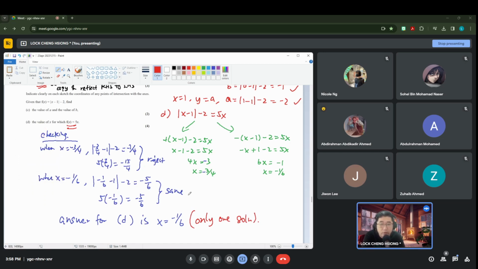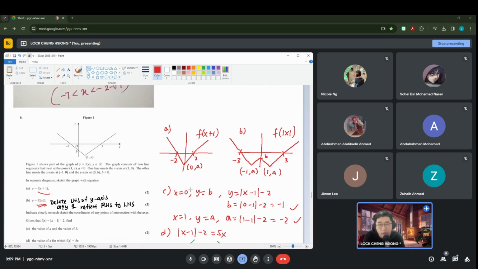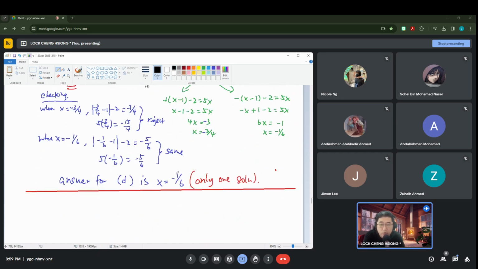This will be the difficulty of P3. Some students will ask, can I observe it from graph? If you're good in graph, then no problem. 5x, this is 5x, actually looks like this. Y equals 5x. How many intersection points do you see? You only have 1 point. Therefore, it's only one answer.